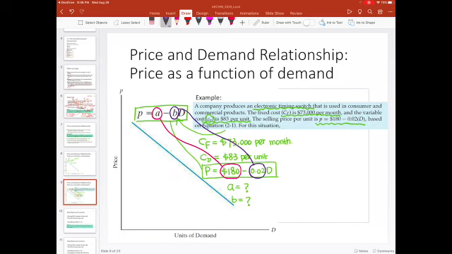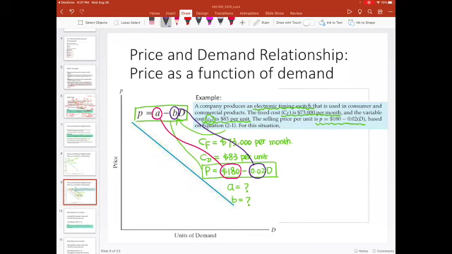If you compare these two, because we said that P equals A minus BD is the general form. And for different types of products, you're going to have different A and different B to describe the specific relationship between P and D. Which means for a specific product, you're going to have A as a number and B as a number. And how do you know what number it is?